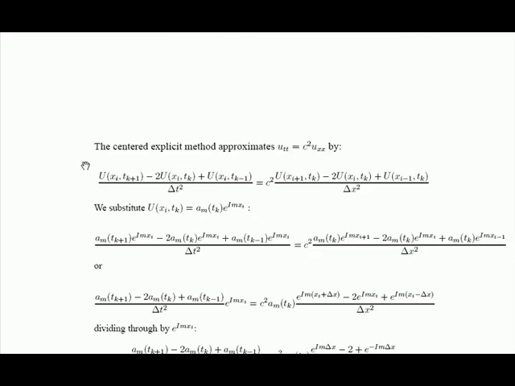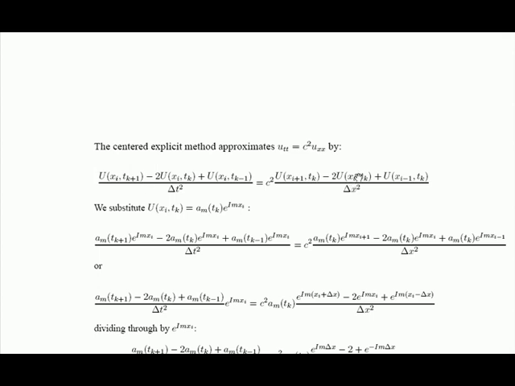Well, since we've seen that reasonable looking finite difference schemes can be totally unstable, let's check the centered explicit approximation to the wave equation. Again, only look at the highest order terms because the lower order terms don't matter for stability. And here's our centered explicit finite difference approximation.